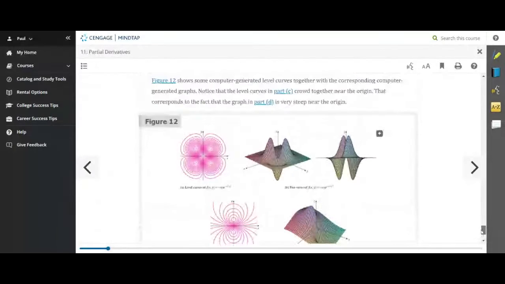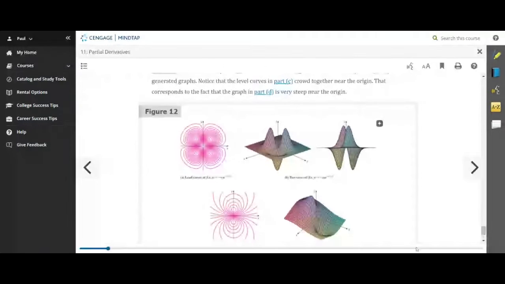So you see here how you have some interesting surfaces, and then you have the contour plots. Now these contour plots don't have numbers.